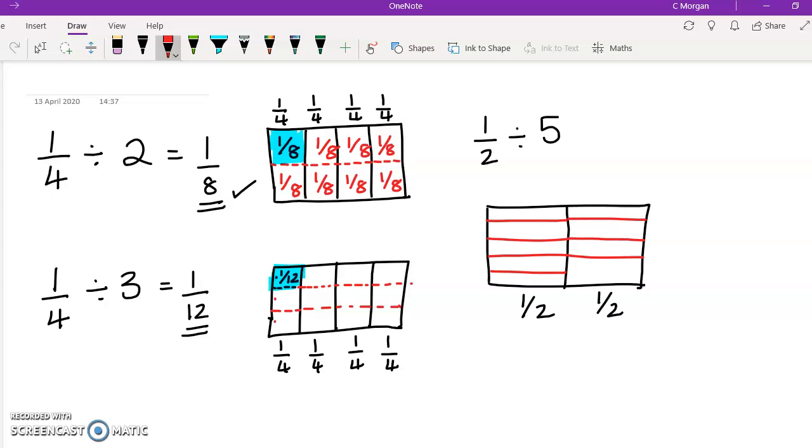So I'm going to continue my lines there. And I can see that I've now got 1, 2, 3, 4, 5, 6, 7, 8, 9, 10 pieces. Each piece represents 1/10. So the answer to my question, a half split into 5 equal pieces, is actually 1/10. I hope you got that right.